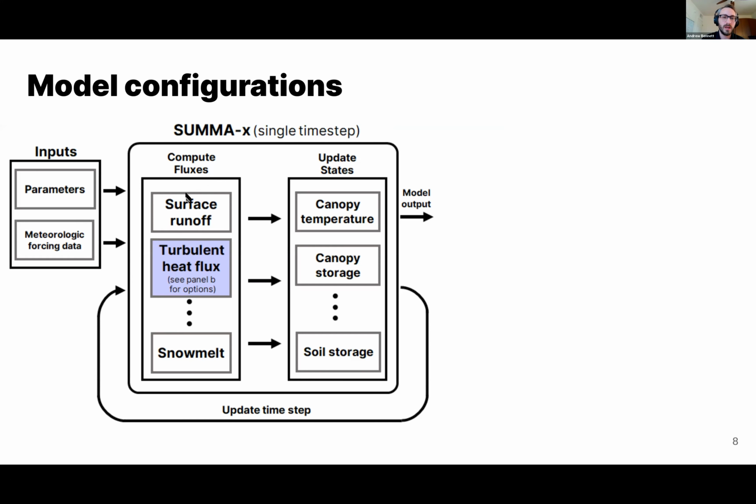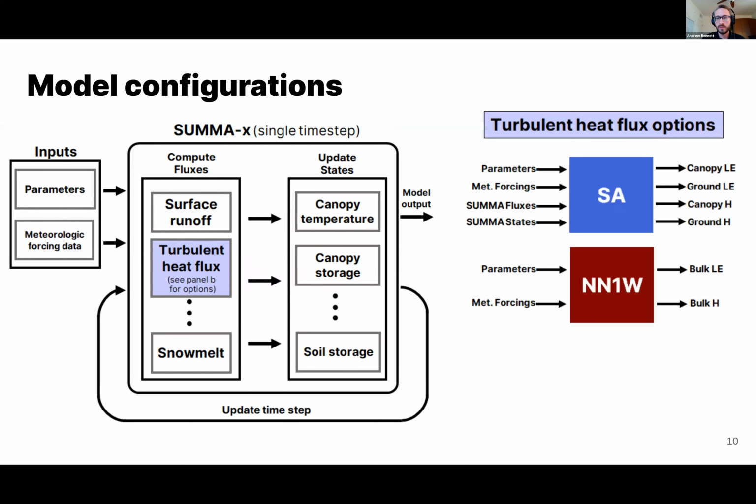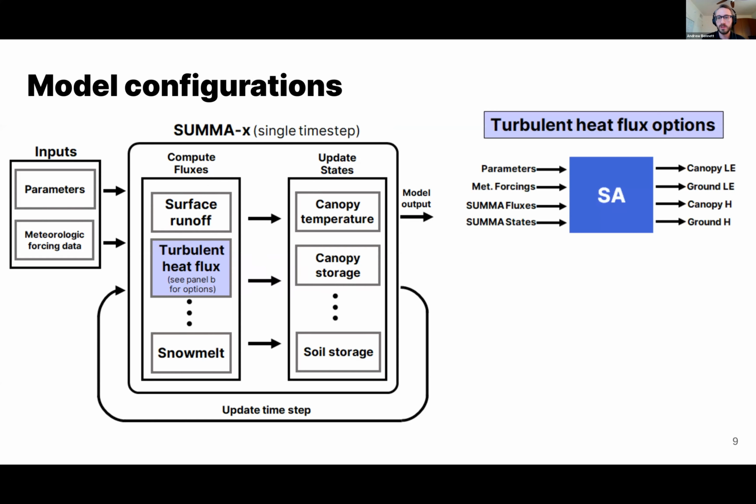These are actually all calculated. And then those fluxes are used to update model states, which would be things like the temperature of the canopy, the amount of water in the soil, and then you iteratively update that in time. And so we're just going to modify this purple box here with 3 different configurations.